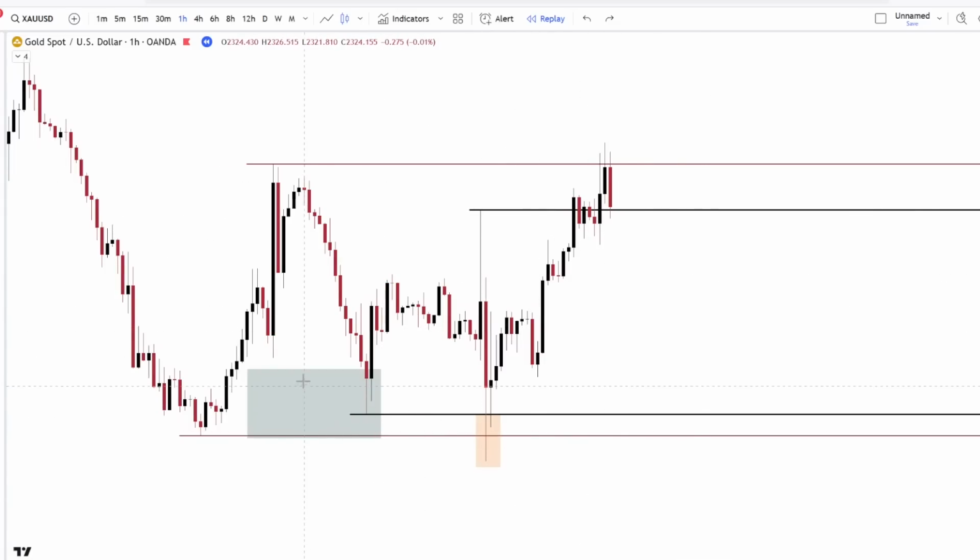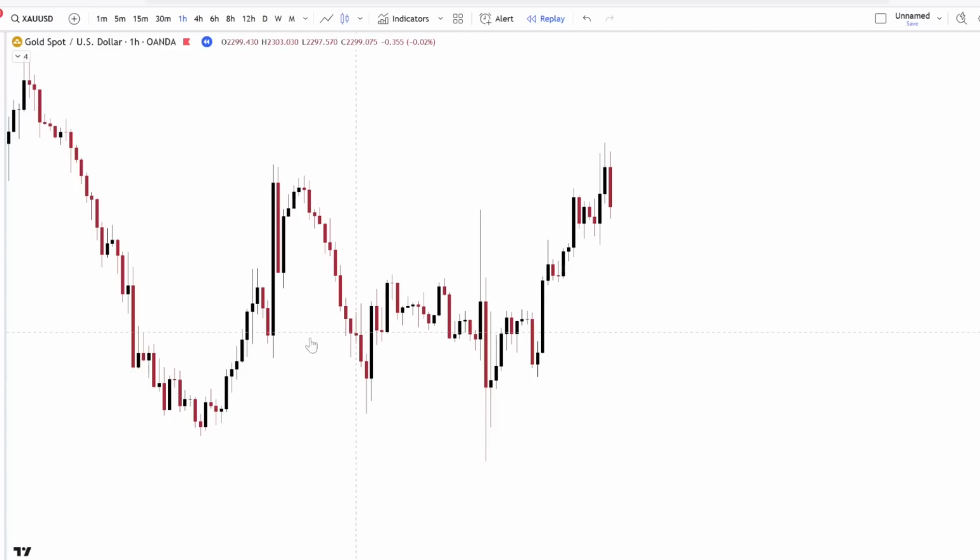Another way to look at it, if you completely erase everything, what's another way to look at this setup, which is our high probability liquidity sweep? Another way to look at it would be from our Wyckoff standpoint. This would be our selling climax. This would be our test. This would be our purge.